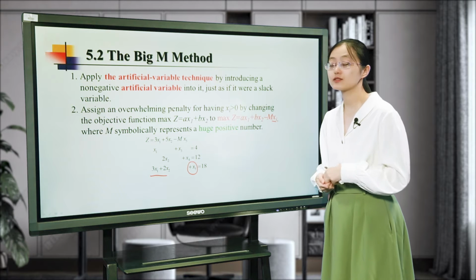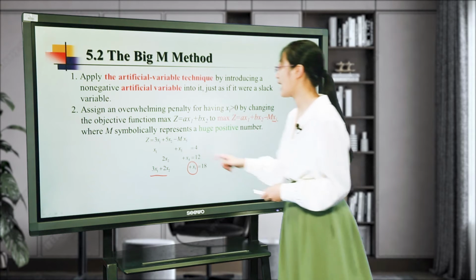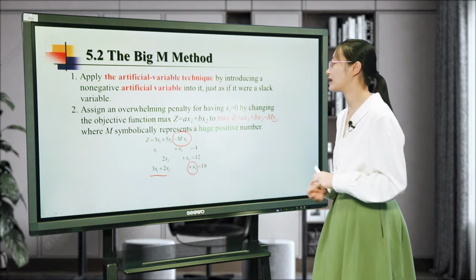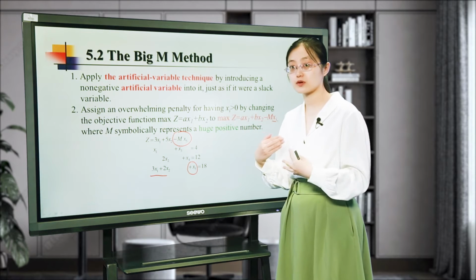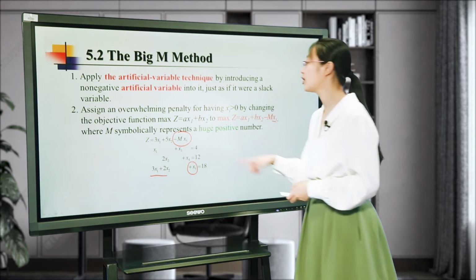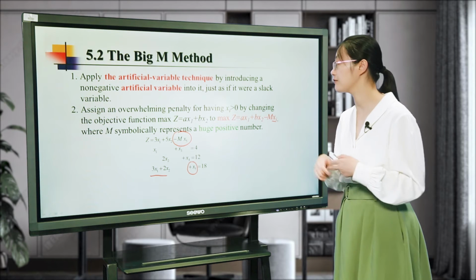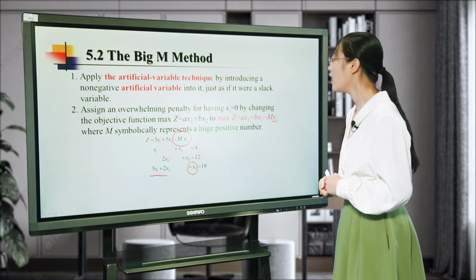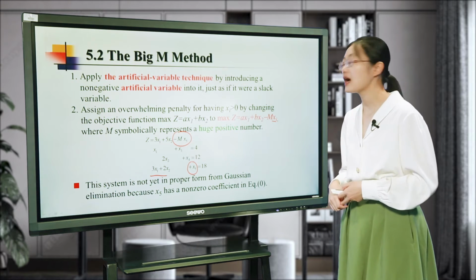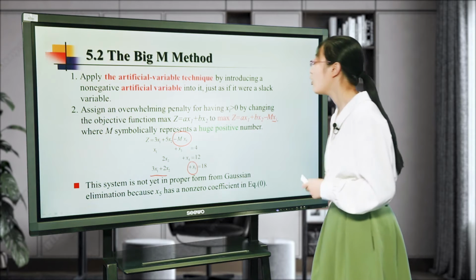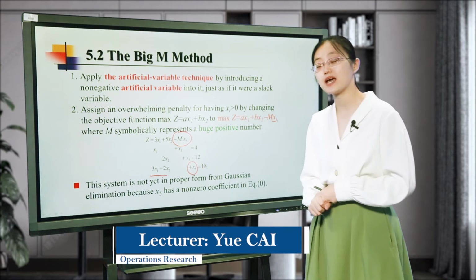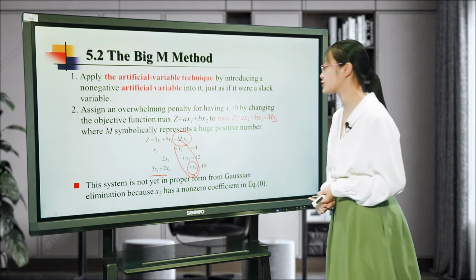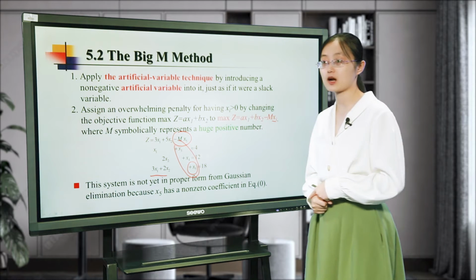Then, since this should not exist at the beginning, we add a penalty to our objective function, minus Mx5, so that in finding the optimal solution, we have to force this variable to take value 0, and then it won't affect our optimal solution. Now, in order to start our simplex method, we can make decision variables x1, x2 being 0, and then we have enough variables x3, x4, x5 as our basic variables.